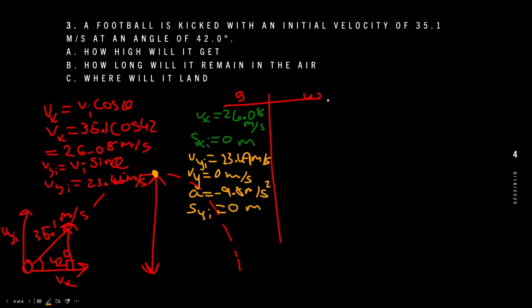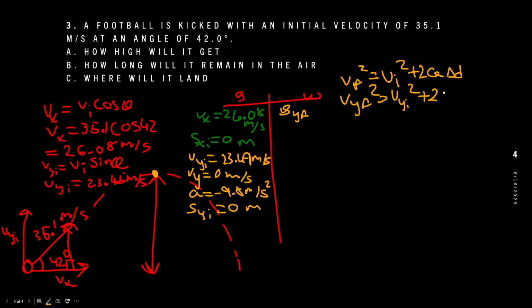So what we need to find for this part is Syf. So we could use the formula Vf squared equals Vi squared plus 2a change in d, and we could change this for this problem by saying Vyf squared equals Vyi squared plus 2a, and then instead of delta d we could say delta Sy.